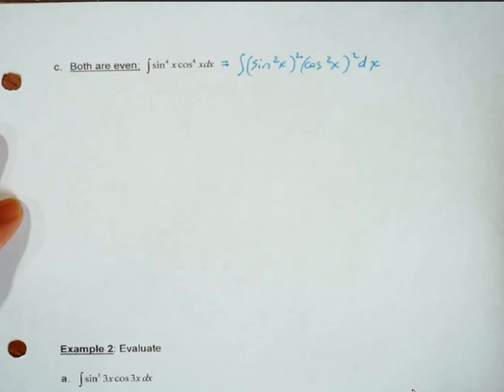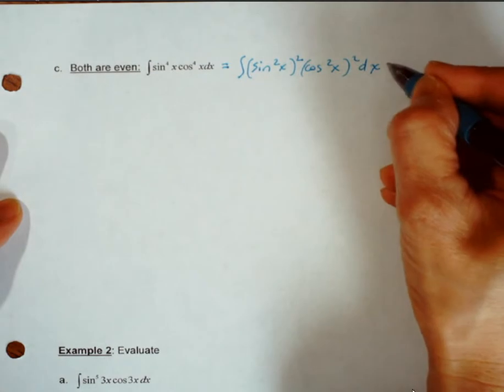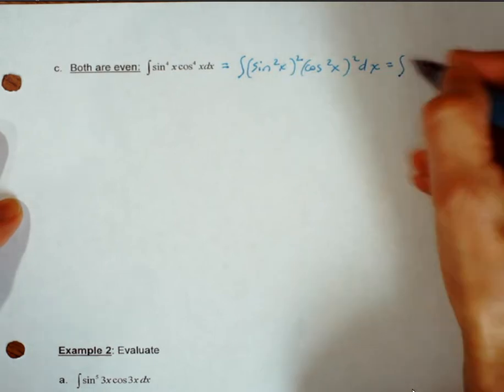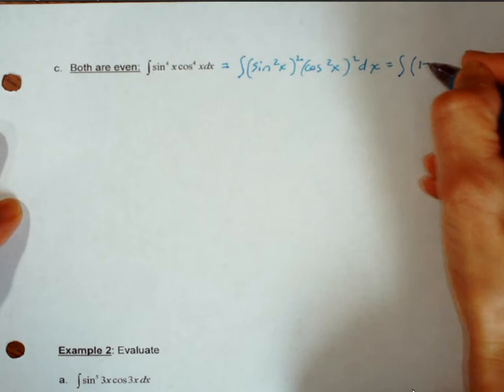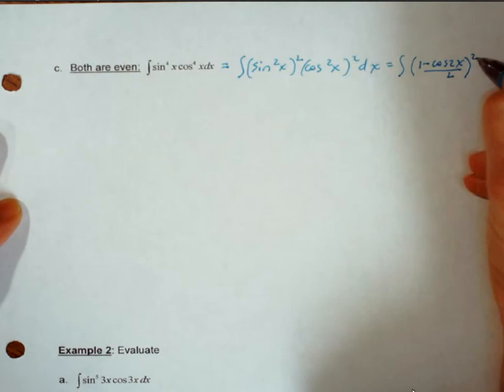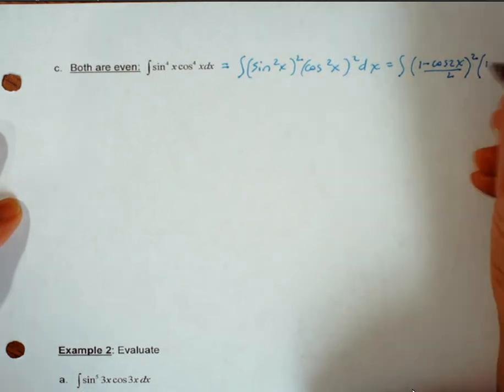Then I'm going to use the formula I just stated on the previous page. Sine squared x is 1 minus cosine of 2x divided by 2, squared. And cosine squared x is 1 plus cosine of 2x divided by 2, squared.